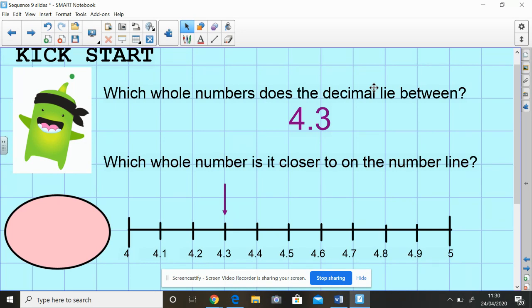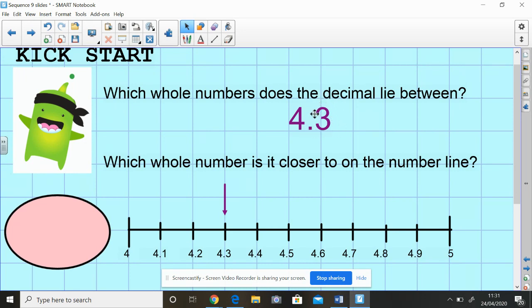Then I need to think when I'm going to round the number, which number is it closest to on the number line? We know when we round any number, if it is a 1, 2, 3, or 4, we round down, and if it is a 5, 6, 7, 8, 9, we round up. When we do decimals, we always look at the number in the tenths column, which is this column.